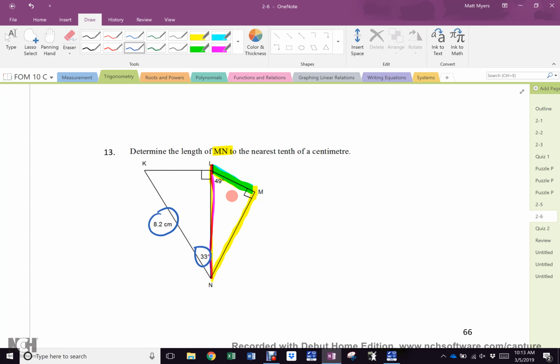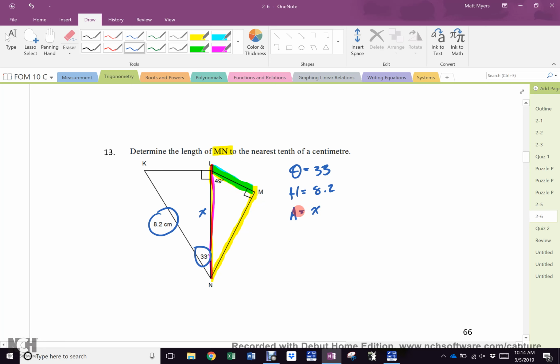Stuff like this. So, what do we know? I got a theta of what? 33, and I got a hypotenuse of what? 8.2. And I need to find what? The adjacent, which I don't have anything for, so I'm going to call it x.